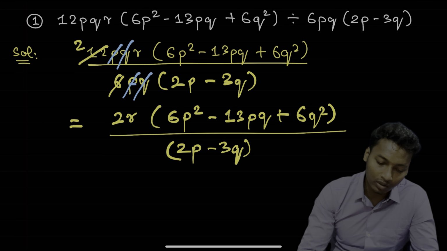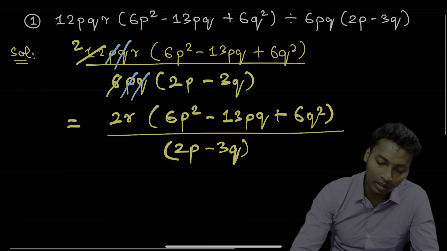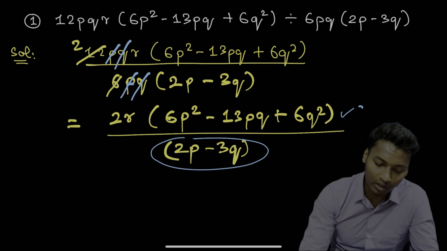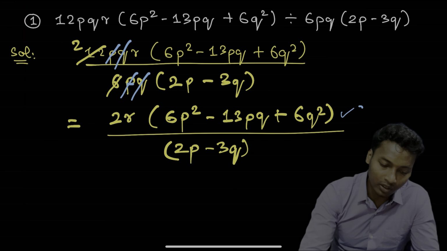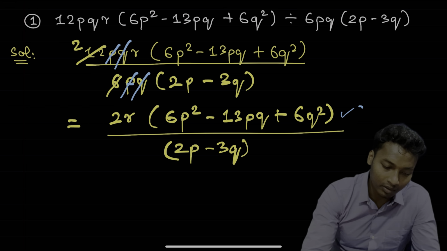So there is still room for factorization in the numerator but not the denominator. So we will leave the denominator as it is and factorize the numerator.